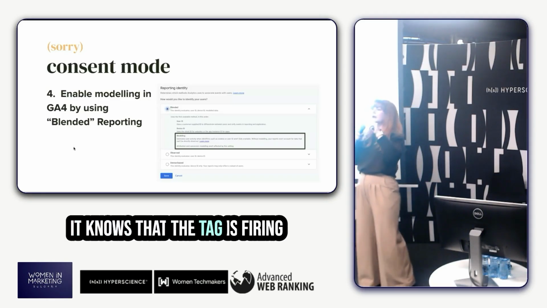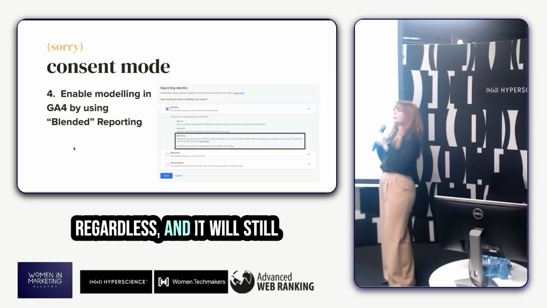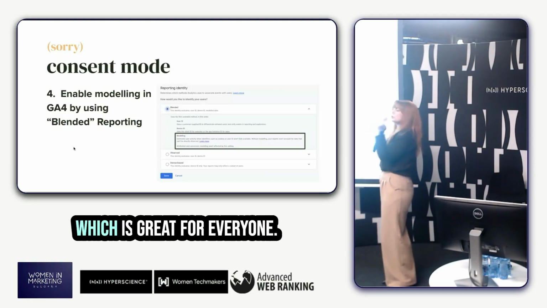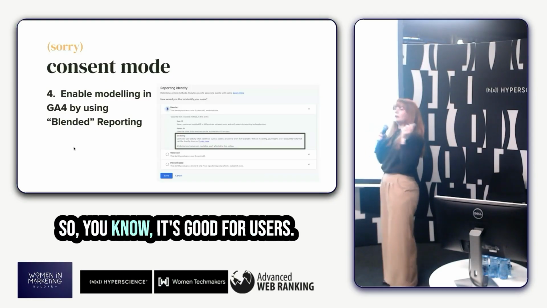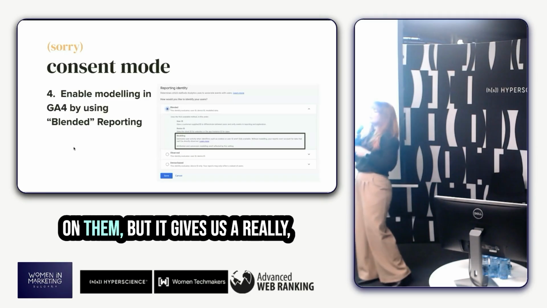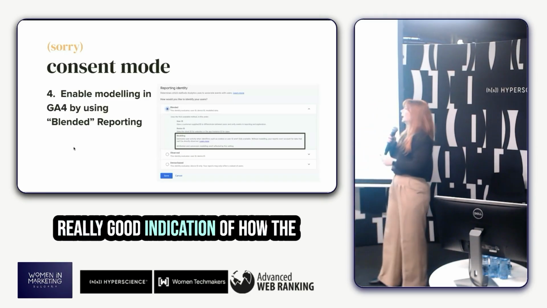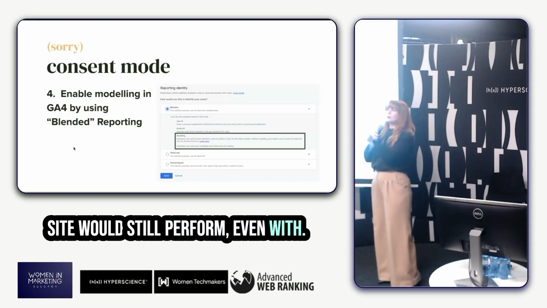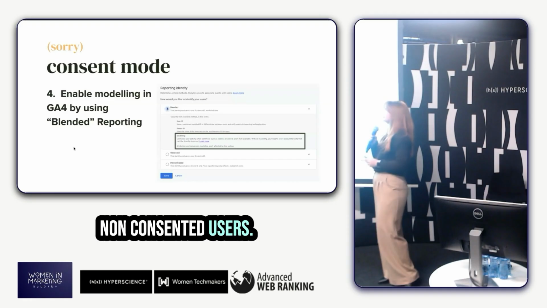It knows that the tag is firing regardless, and it will still model that anonymized data, which is great for everyone. It's good for users. We're not collecting specific data on them, but it gives us a really good indication of how the site would still perform, even with non-consented users.